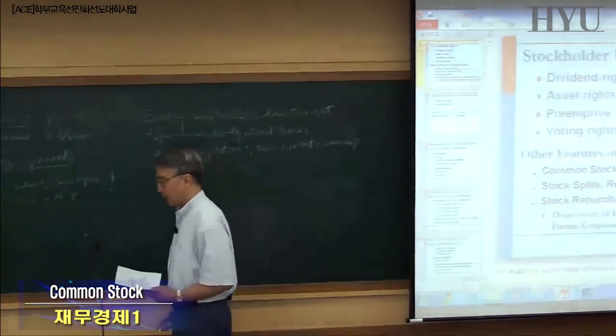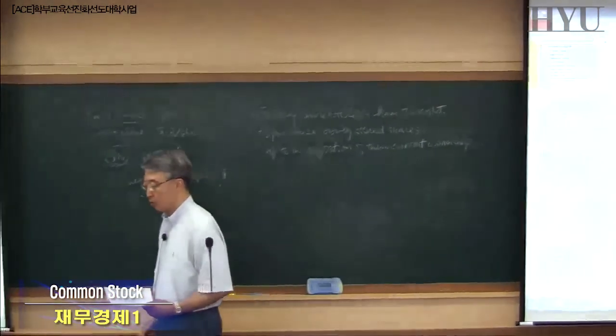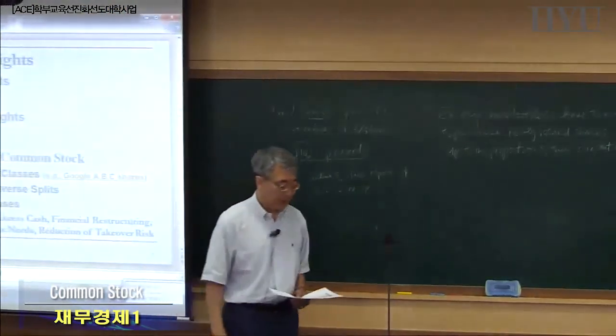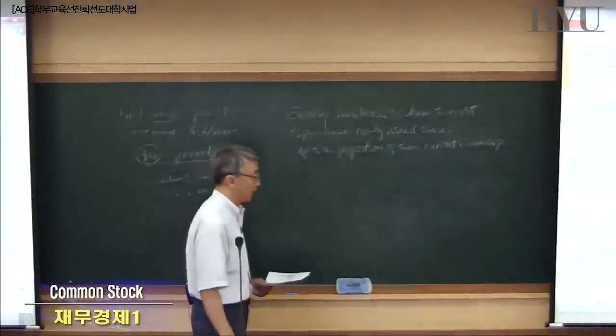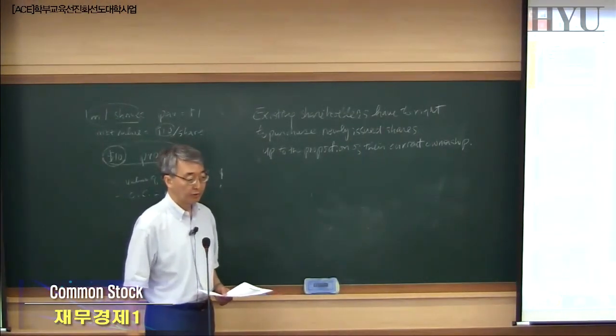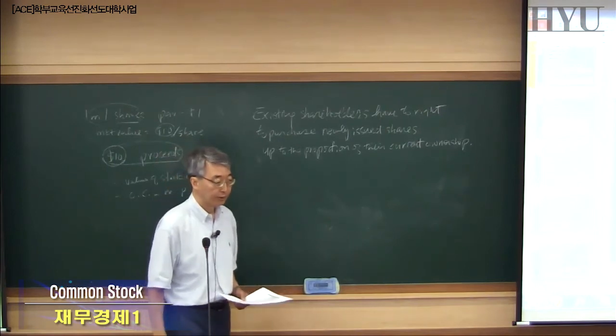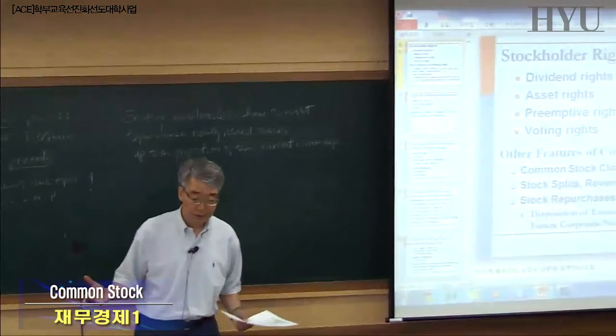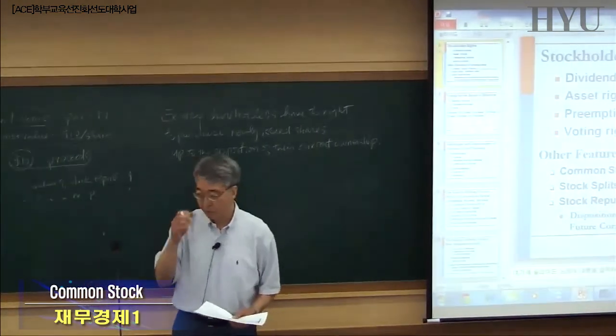So in case the company decides to issue more shares, new shares, then existing shareholders have the first right, sometimes called the first right of refusal. So they should be offered first. If you don't want to purchase any more shares, that's fine.